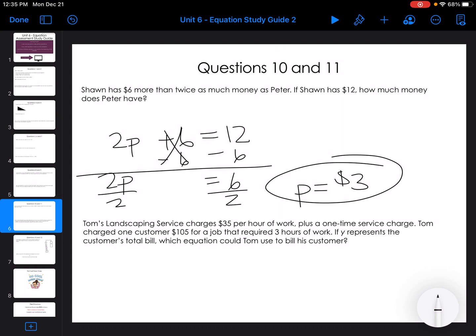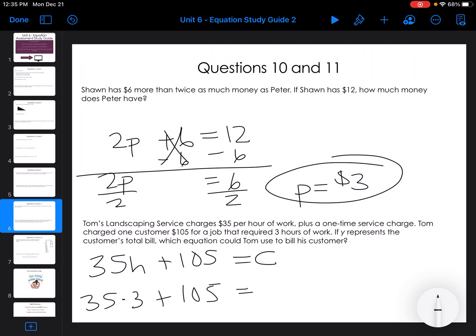Okay, so I know that he gets $35 an hour plus a one-time service charge, and I know that's going to be his total cost. Now, if I wanted to solve it, I could do 35 times 3 plus 105. So in this case, this customer's cost would have been 35 times 3 plus 105, $210.